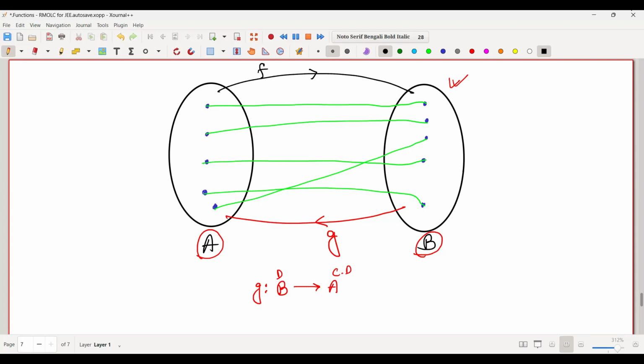We have also learned to find the domain and codomain. Now we will check every function whether it is one-one, onto, and whether it is bijective or not.